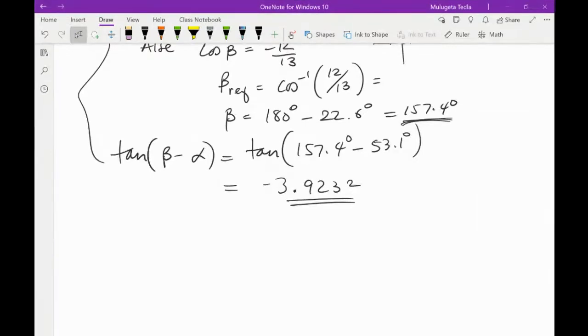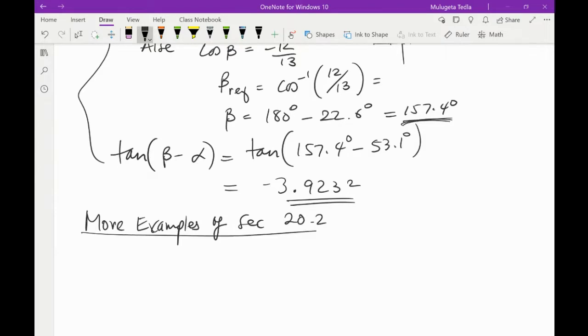So I'm going to do more examples of section 20.2, which is sum and difference formulas.